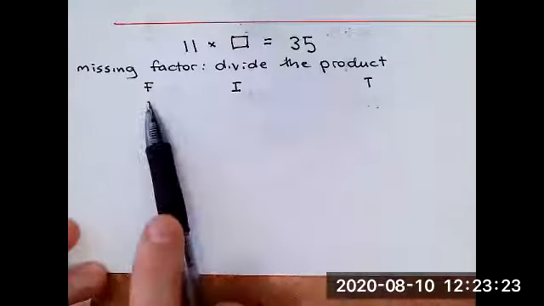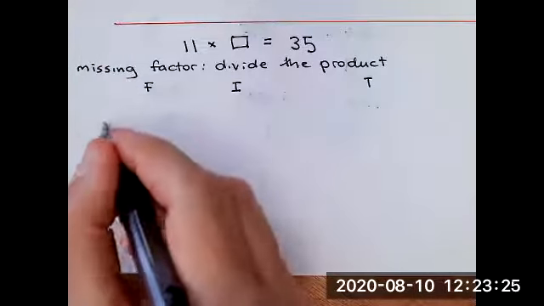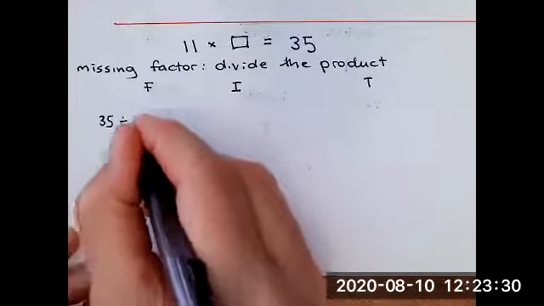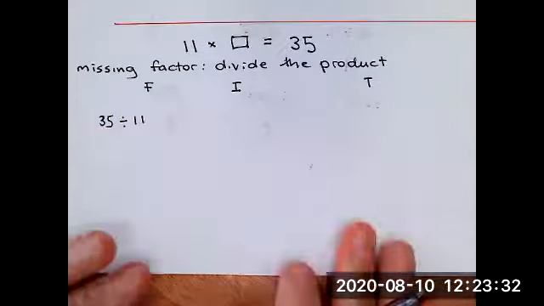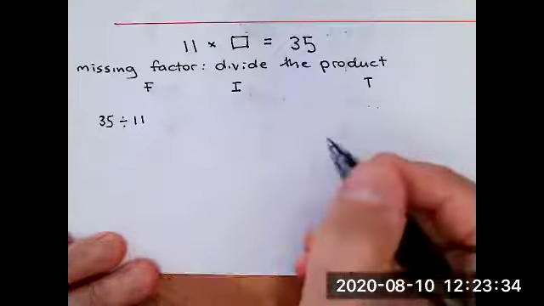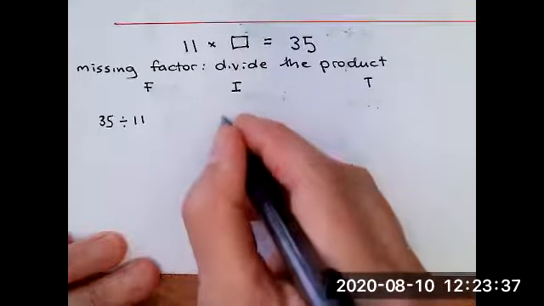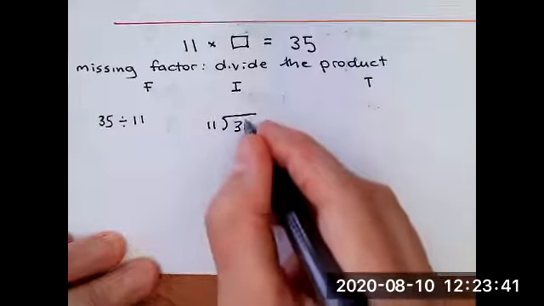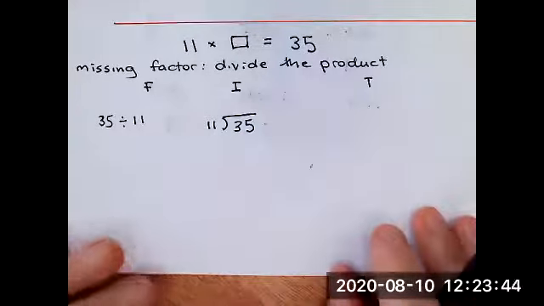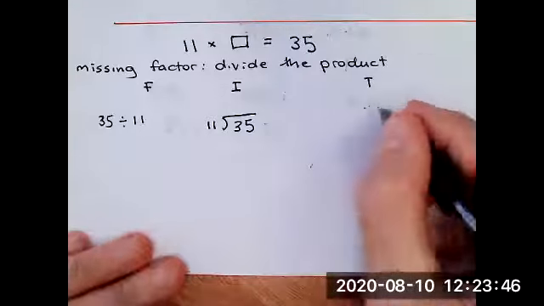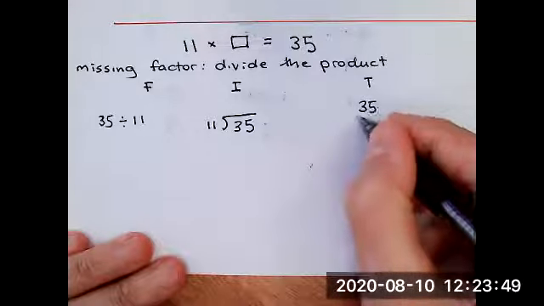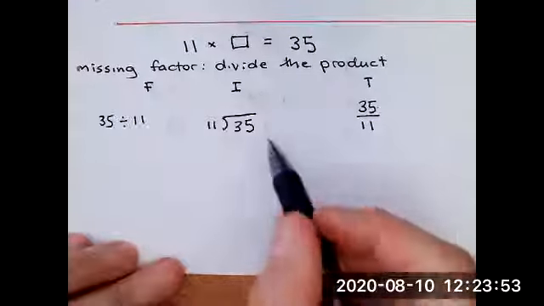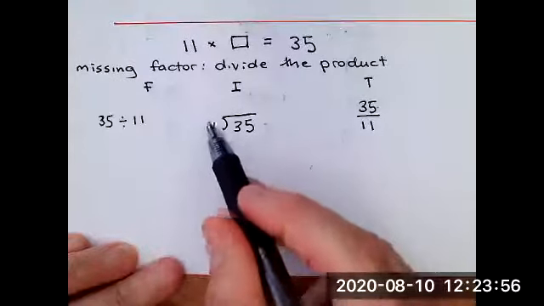So it's either first, so that's 35 divided by 11, or it goes on the inside, 11 divided into 35, or it goes on top, 35 over 11.